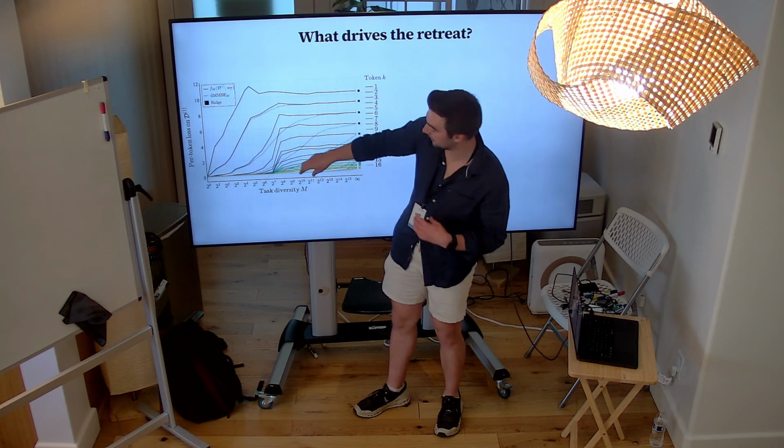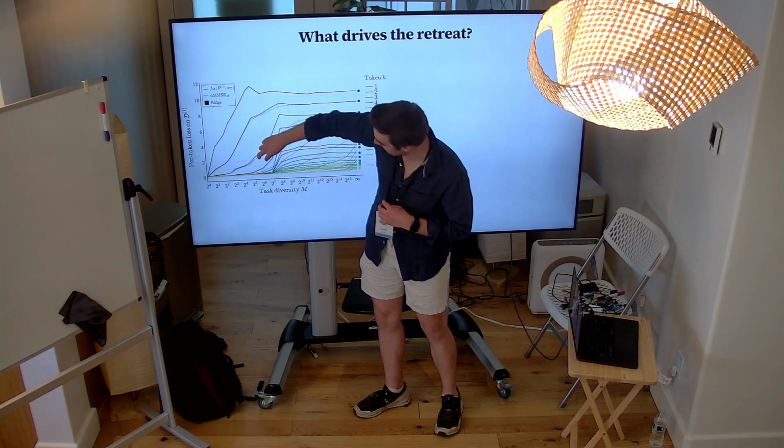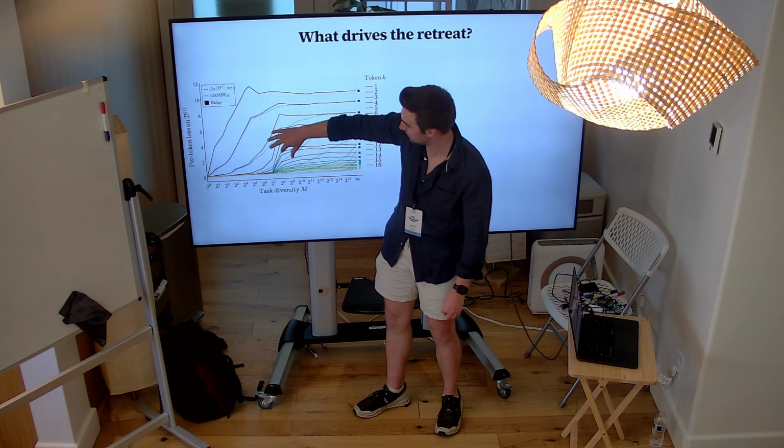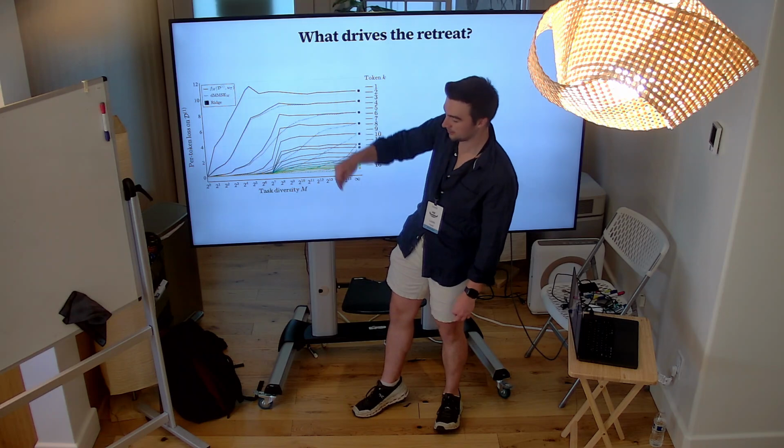Importantly, it is these tokens 3 and 4 that are the biggest distinction between the DIMS algorithm and the ridge algorithm.